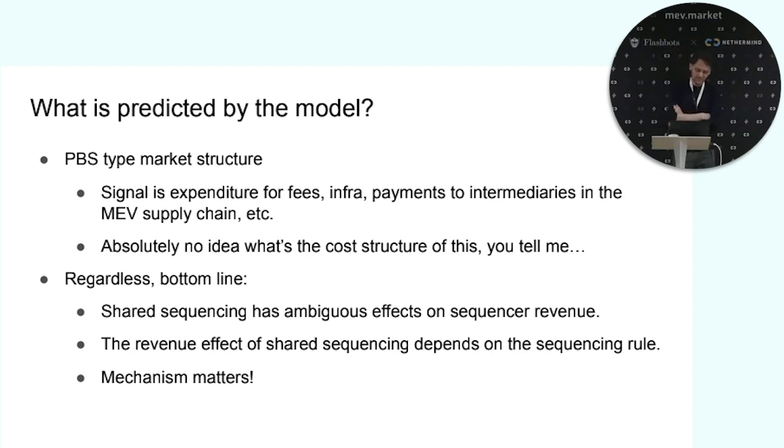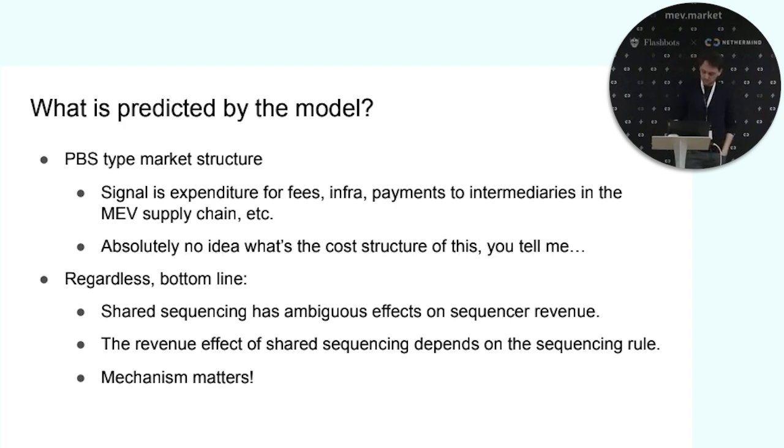But regardless, depending on the cost structure, you have some situations where shared sequencing has an ambiguous effect on sequencer revenue. It's not always that you make more money if you do shared sequencing, which might be surprising. The first part was less surprising: overall more value is generated, overall more MEV is extracted. But from the point of view of the sequencing entity, if it wants to generate revenue, it might make less if they integrate the domains rather than if they stay separate. So the TLDR of all of that is mechanism matters. That's for this comparative statics.